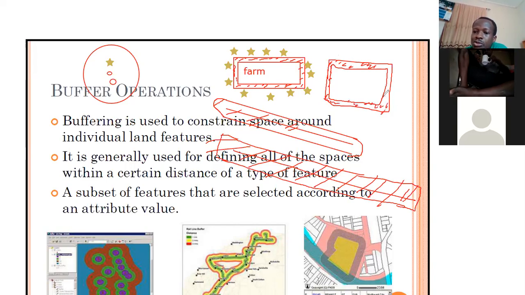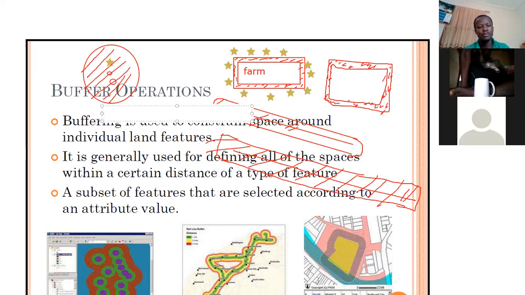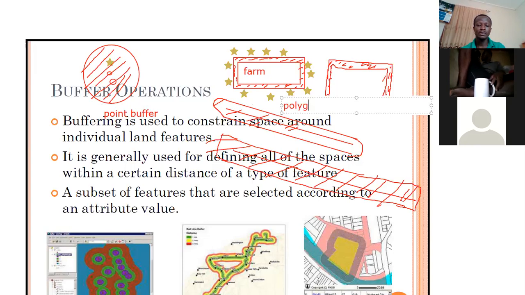Okay, an engineer should know something about buffering. Is that okay? Now, for the circular polygon that is generated as a result of the point buffer. So we have this area. We have point buffer, and we have polygonal buffer or polygon buffer.